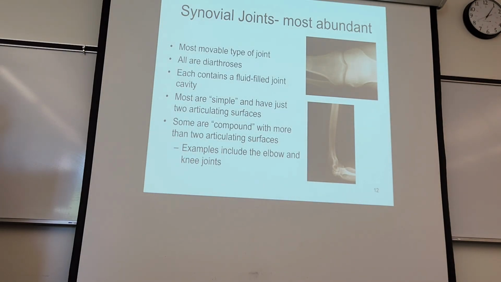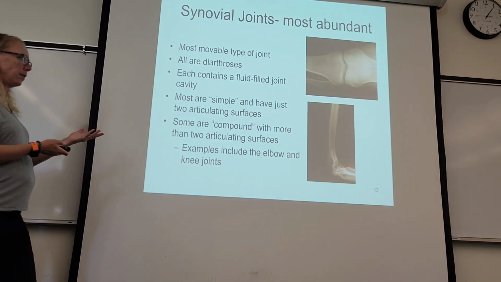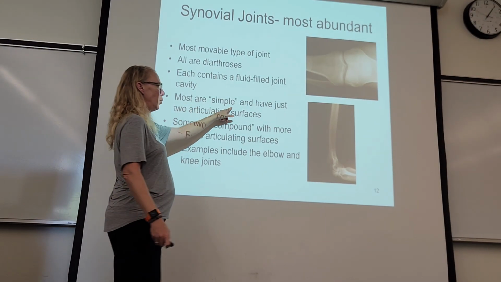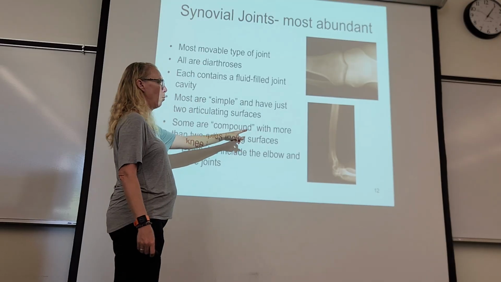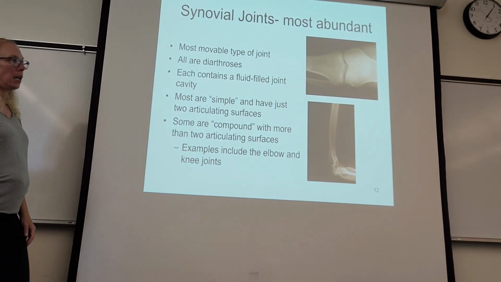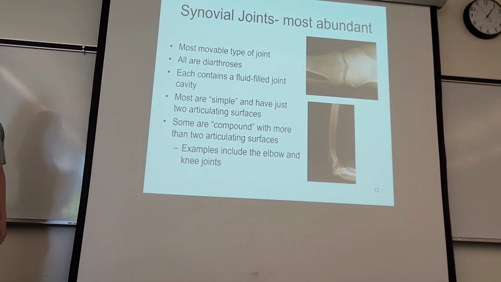So most synovial joints have just two bones coming together to form the joint. There are some places in the body, two coming together is simple, compound is more than two. So essentially in the elbow and in the knee joint, you've got more than two bones coming together, which makes it compound.